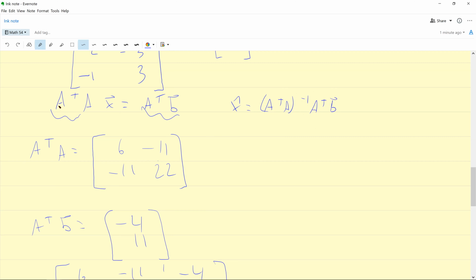Here we're multiplying by (A transpose A) inverse on the left. To be able to do that, we need this matrix to have an inverse. We can do that if the columns of A are linearly independent, because then A transpose A will have an inverse.